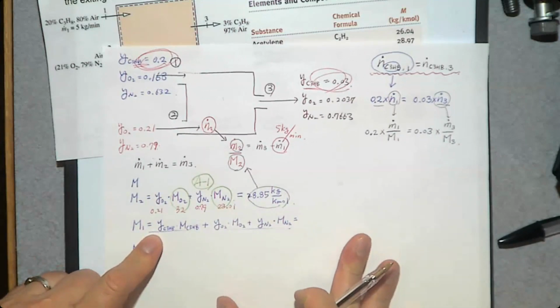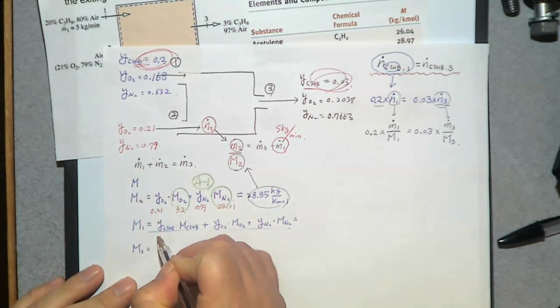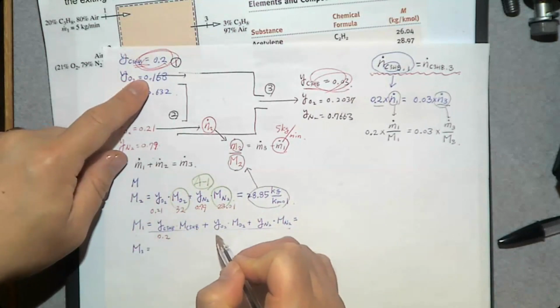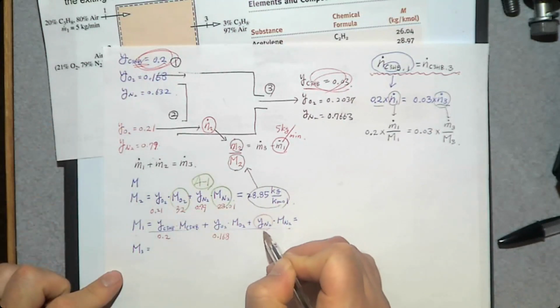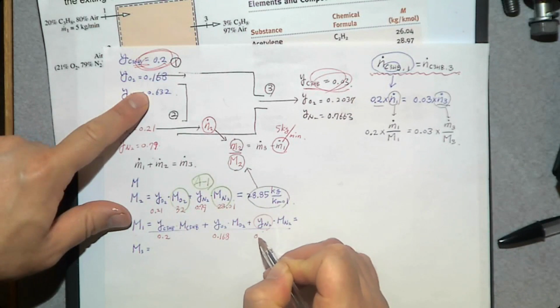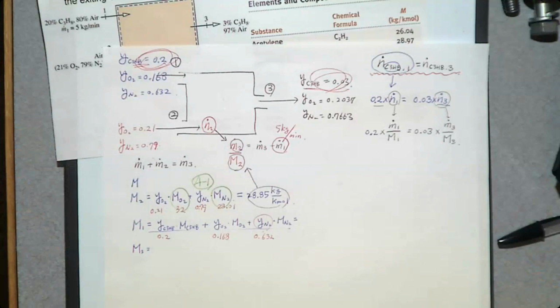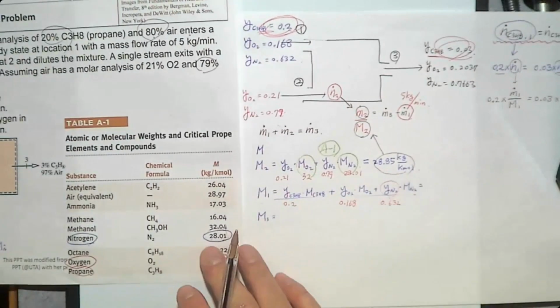By the way, let's calculate this one. So the mole fraction of propane at the inlet number 1 is going to be 0.2. The mole fraction of oxygen, 0.168. The mole fraction of nitrogen, 0.632. Then the molecular weight of propane, oxygen, and nitrogen can be found from this table A1.